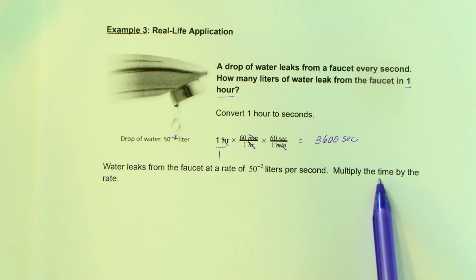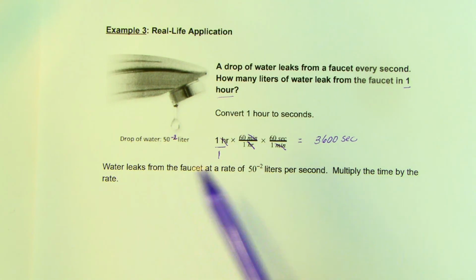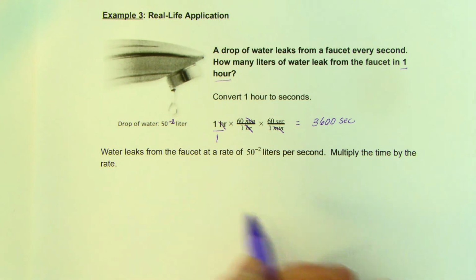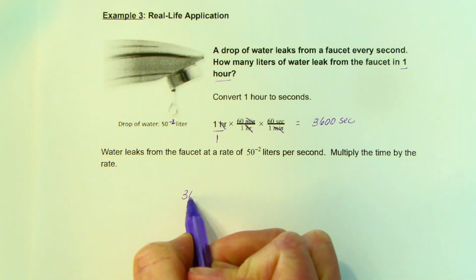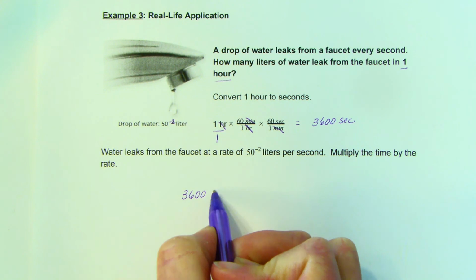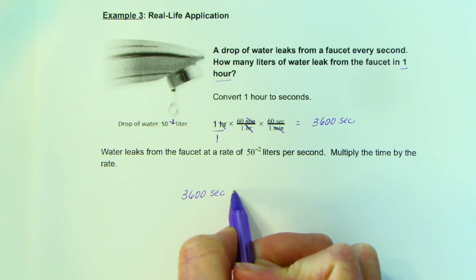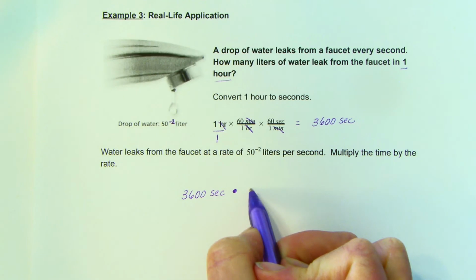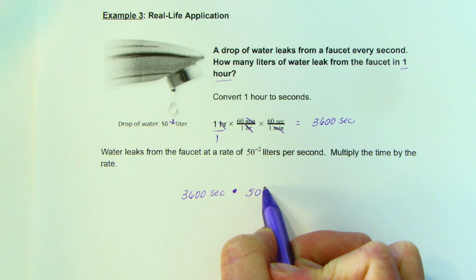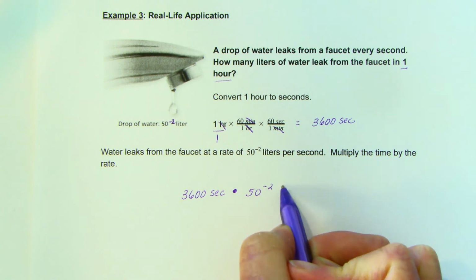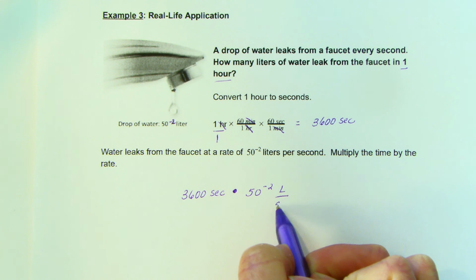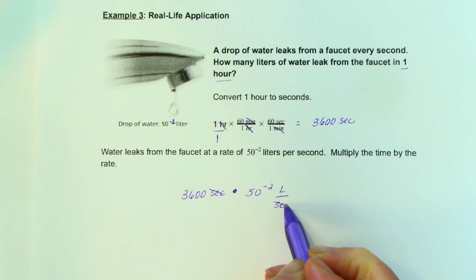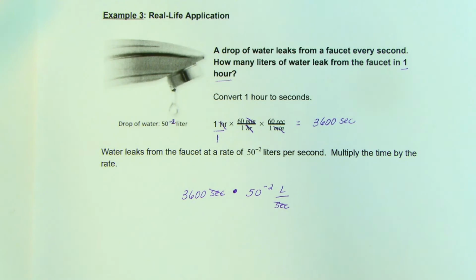So we're going to multiply the time by the rate, and that will give us the amount of water that we lose. So we're going to take the time, which is 3,600 seconds, and we're going to multiply that by this rate, which is 50 to the -2 liters per second. And I'm going to go ahead right now and just cancel out those seconds so that I know my answer is going to be in liters.